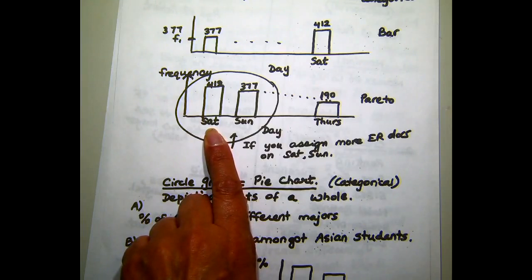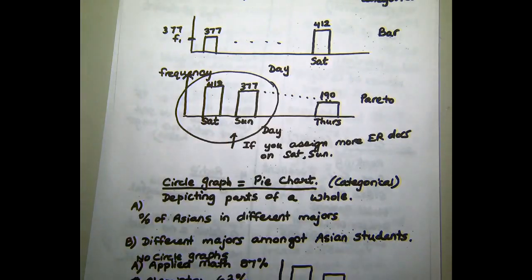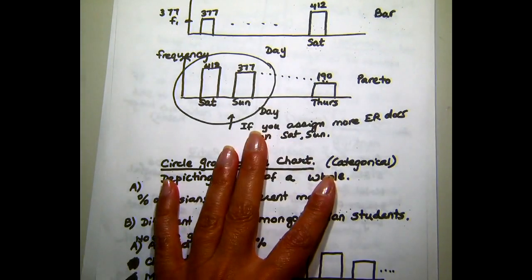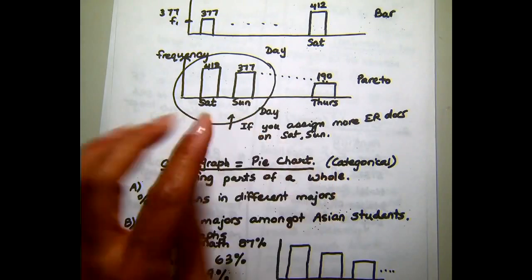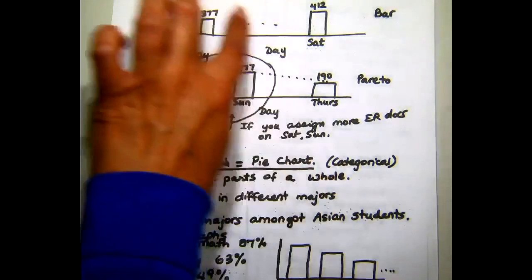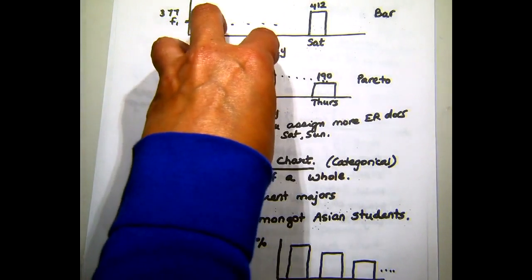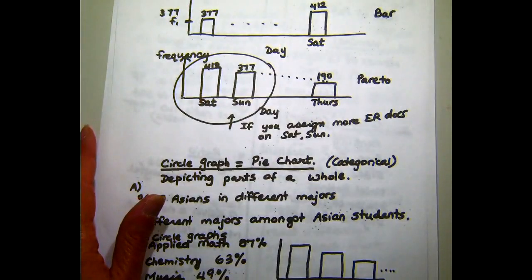A Pareto chart is a reorganized bar graph, where you reorganize the categories such that the category with the highest frequency comes first, and then in descending order from there. And Pareto, who was an Italian sociologist, said that if you target the first few categories in your Pareto chart, you will target whatever problem you are talking about.